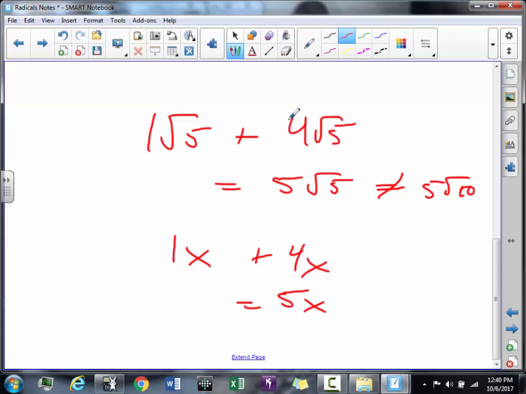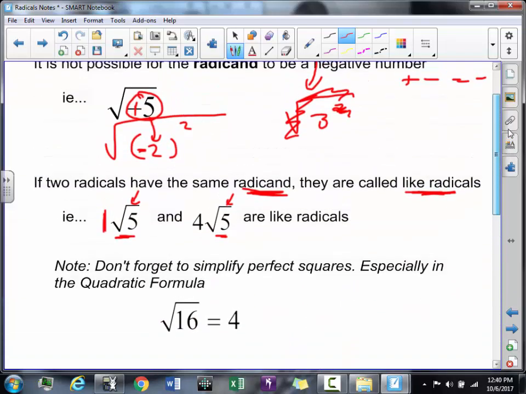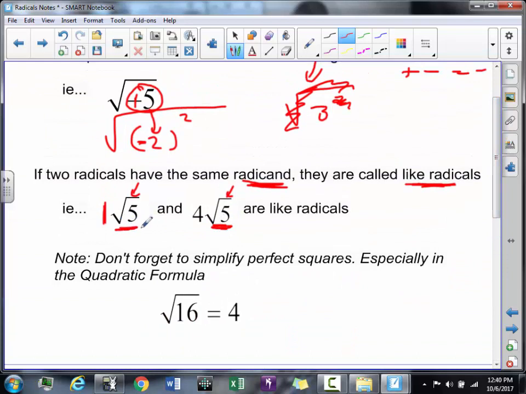You don't take 1 and 4 and add them up to 5, and then take 5 and 5 and add them up to give 10. That's not how you solve these. Literally, you have 1 of something, you have 4 of that same something, so when you're done, you have 5 of that same something. The term I want you to know is that if they have exactly the same square root, you can put them together. They're considered like terms. If not, they're not.